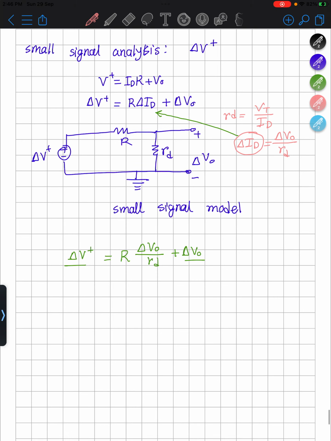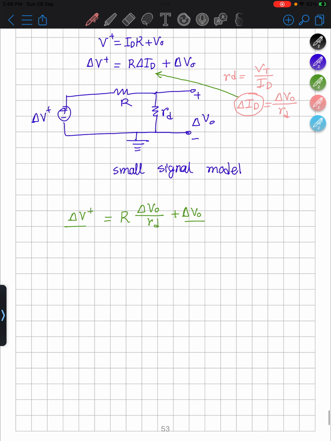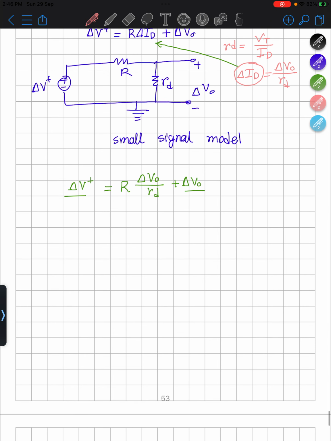So we have to solve for del V naught and del V plus by rearranging the terms in this formula. If we rearrange it, we get del V naught over del V plus is equal to 1 over 1 plus R over RD.